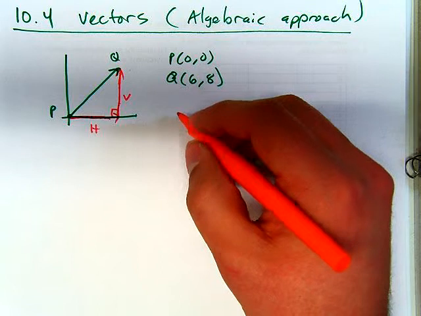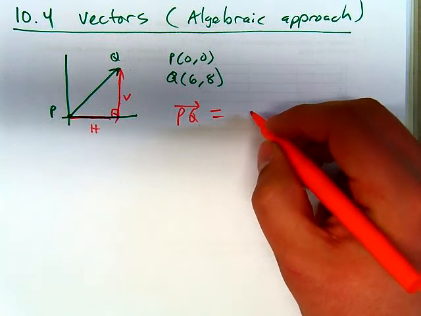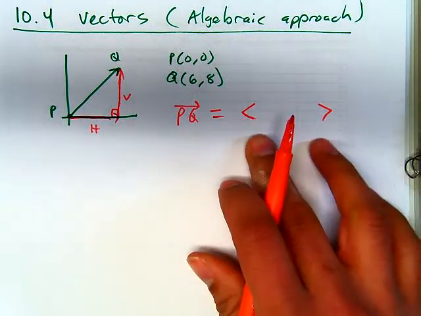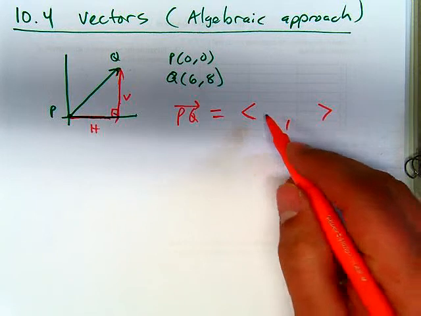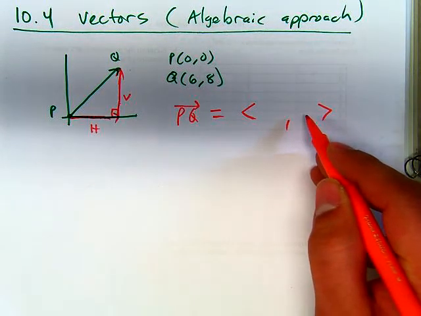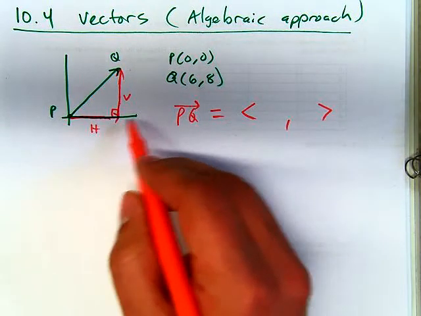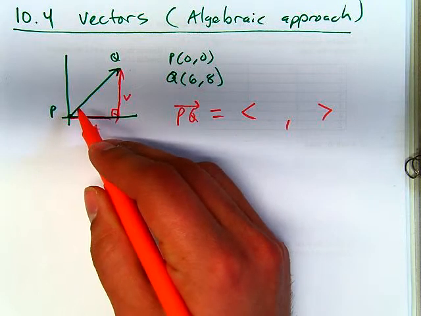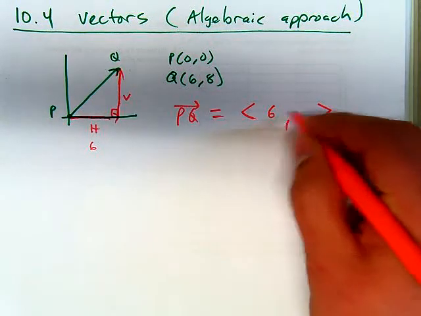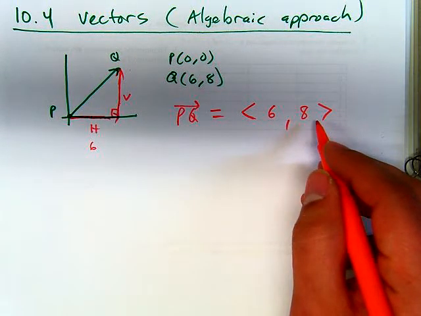So instead of writing vector PQ all the time, one of the notations that we commonly use is this little bracket notation, which is universally accepted as meaning that we have a vector, and the components of that vector would be horizontal and vertical if it was 2 dimensions. In 3 dimensions, you just have another component. But in this case, the vector PQ, we'd have to go right 6 units and then up 8 units. So we'd say that vector PQ has a horizontal component of 6 and a vertical component of 8.